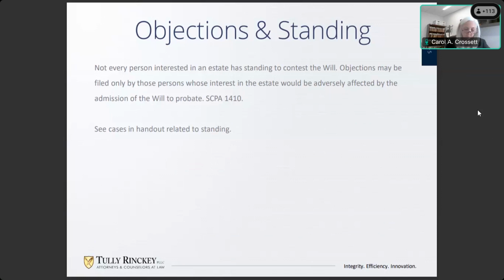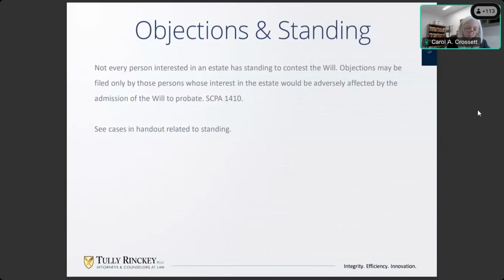But in connection with the standing to file objections to the qualification of a fiduciary, you look to SCPA 709, which provides that any person interested in the estate may object to the grant of letters. And that was a matter of Judson, November 1st, 1995, and it's New York Law Journal 32, column 1.